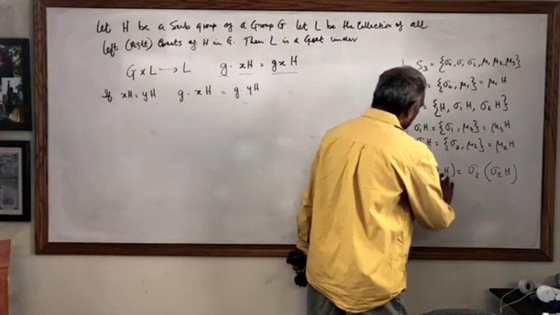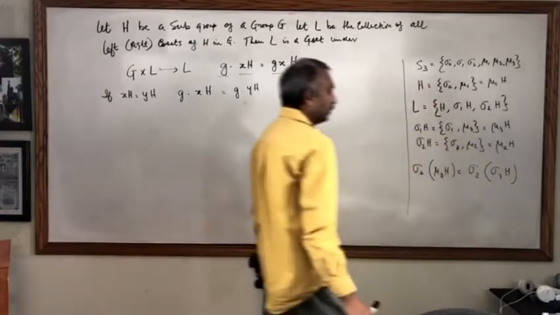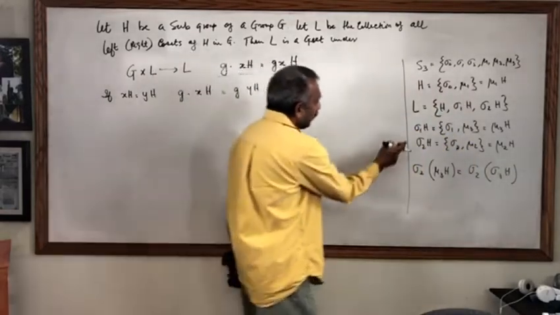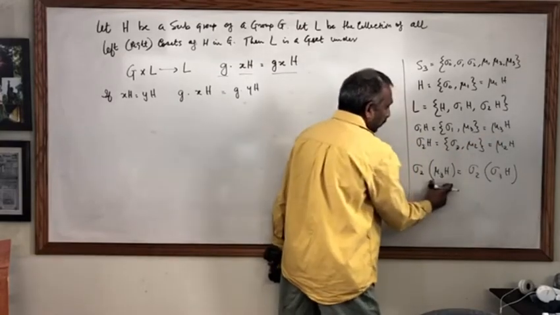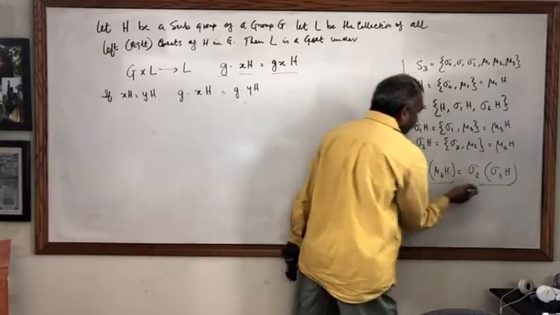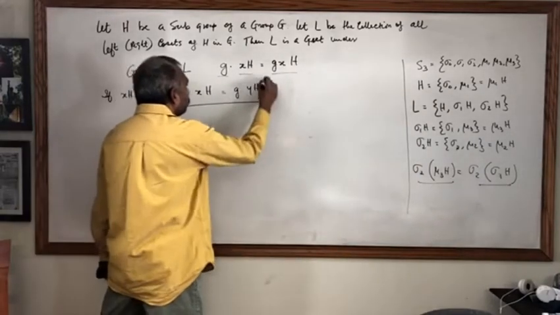This is 3 and this is 1. Makes a lot of sense. So sigma 1H and mu 3H are equal. But if you operate like this, that also should give you the same result. And that's what we want to show.